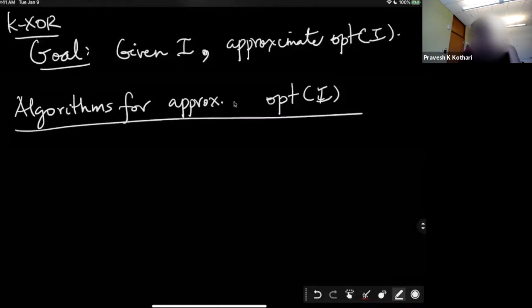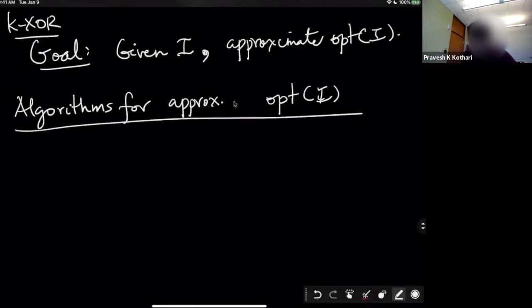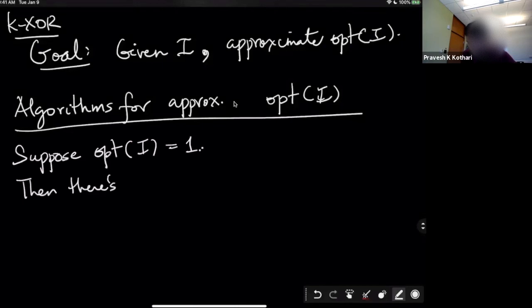Okay, so suppose all the equations were satisfied. Suppose opt I happens to be 1. Then, in fact, I claim that there is a polynomial time algorithm for finding an assignment.